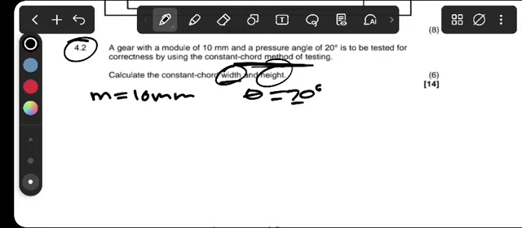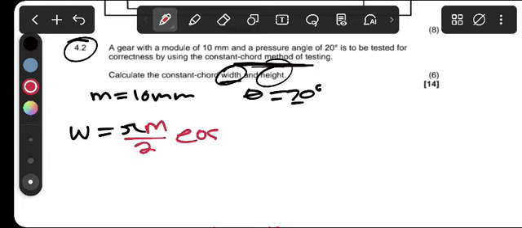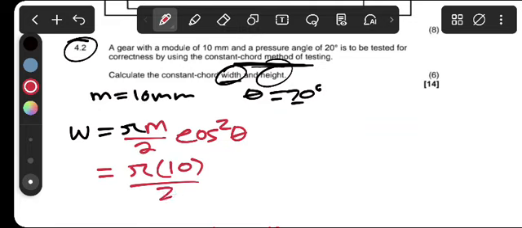With width, we know our width will be equal to pi multiplied by the modulus, divided by 2, multiplied by cos squared theta, whereby theta is the pressure angle. Pi, the modulus is 10, divided by 2, multiplied by cos squared of the pressure angle 20.